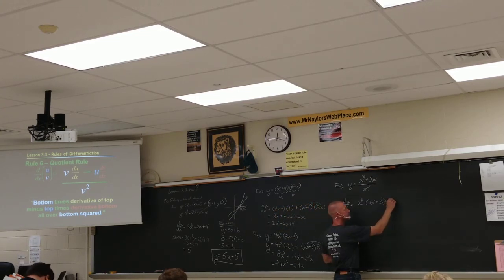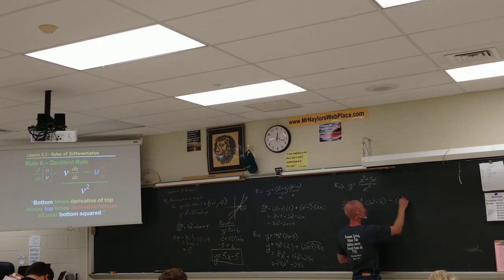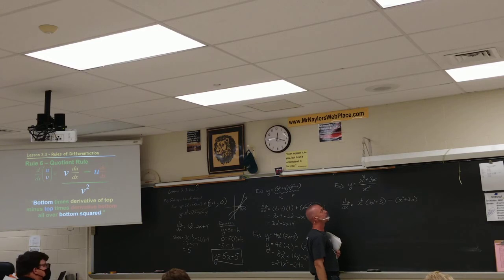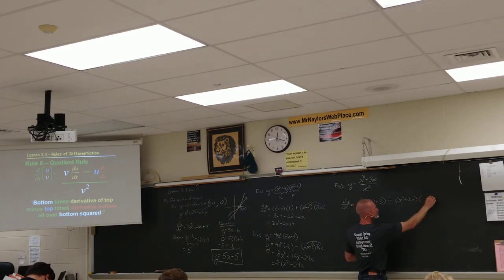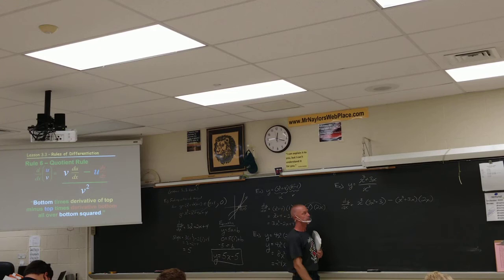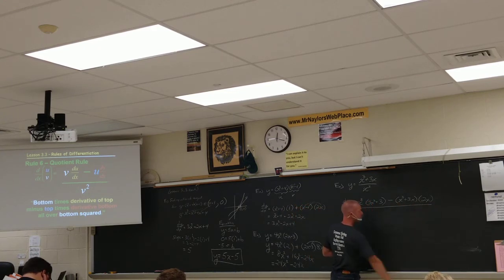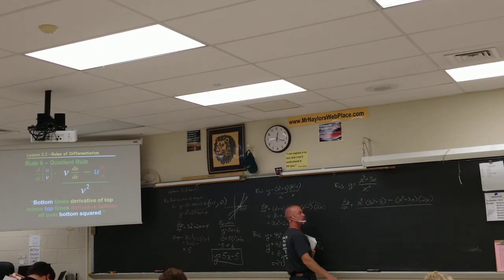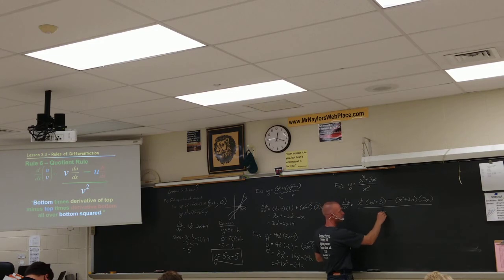Minus the top, so we just kind of copy down the top. So minus the top, x cubed plus 3x, times the derivative of the bottom. And the derivative of x squared, we've seen many times, is 2x. And then it's all over the bottom squared.